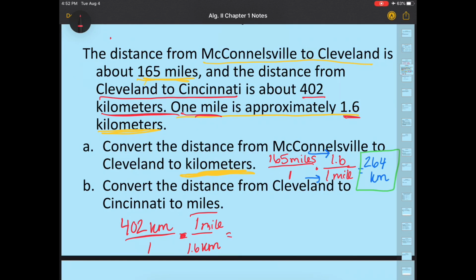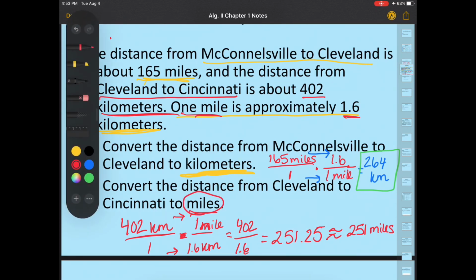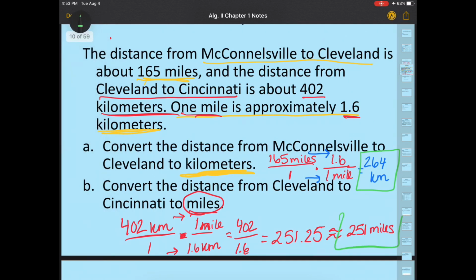Same thing again: numerator times numerator, denominator times denominator. So I have 402 up top divided by 1.6 in the bottom. If you do that in your calculator, that's 251.25, and I can round that to approximately 251 miles. Making sure that's what we wanted: we did want it in miles. My answer is in miles, and we have solved it.